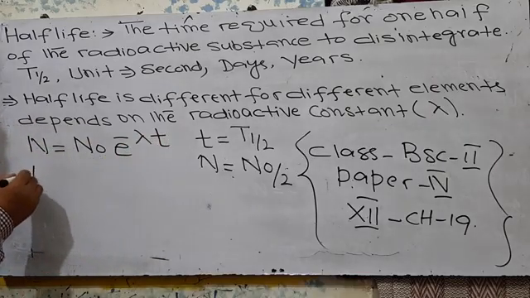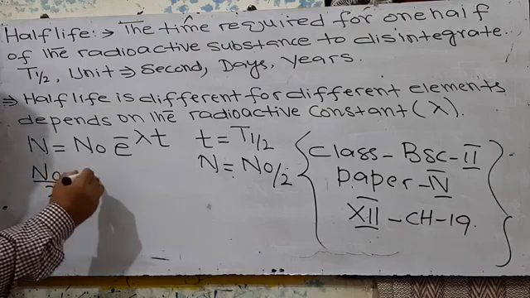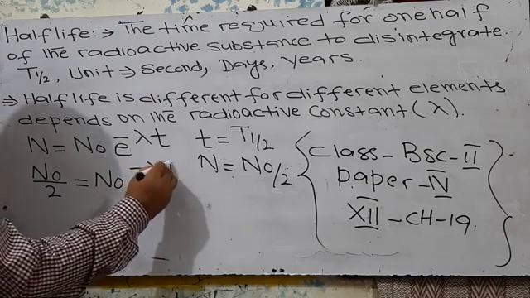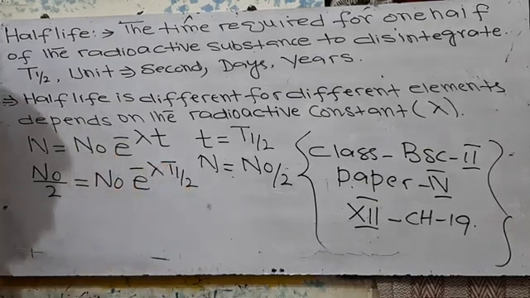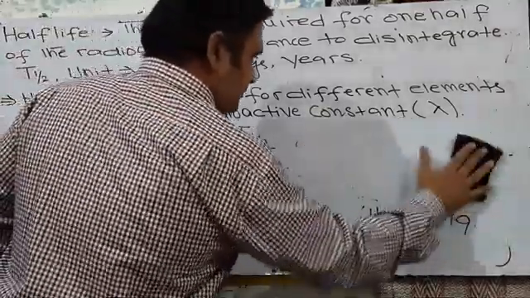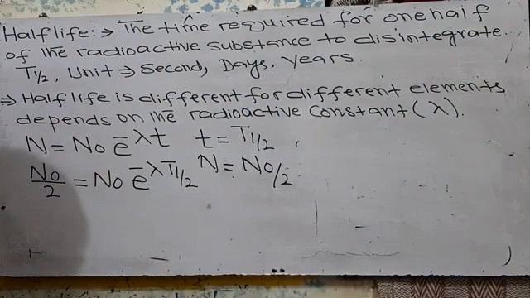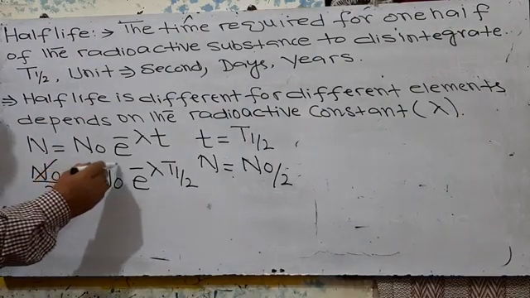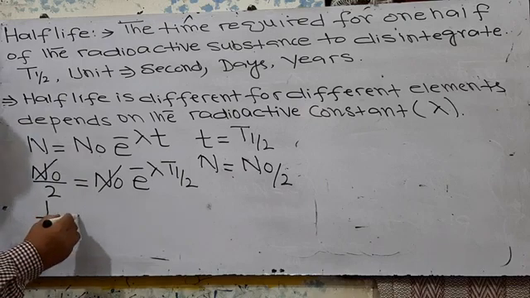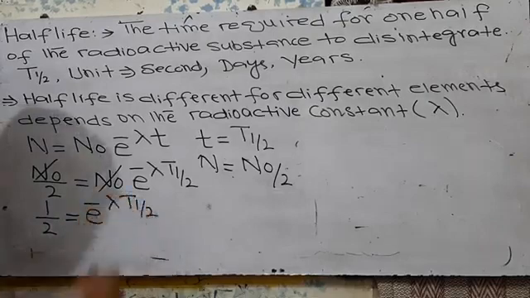So N is equal to N0/2 is equal to N0 E minus lambda T1/2. Now N0 will be cancelled. So we have 1/2 is equal to E minus lambda T1/2.